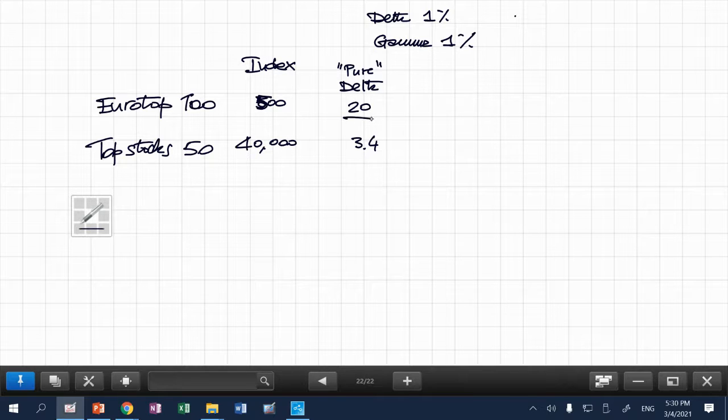Now, if these were the pure delta, this would tell you how much money you make if the underlying goes up by 1. But for the first index, going up by 1 from 500 to 501 is a much larger move than for the second going from 40,000 to 40,001. Is that okay?